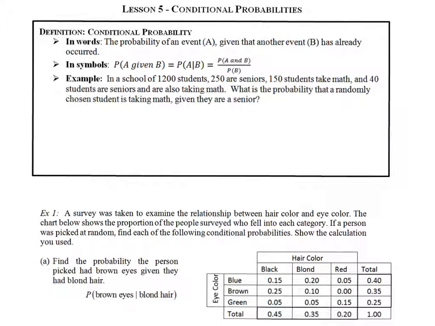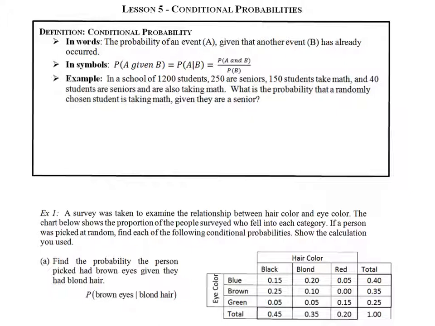Now our formula for that is going to be, let's find the probability of both events occurring, so the probability of A and B, and then let's divide it by the probability of just B occurring. So again, we're saying that B has already occurred, and then what's the probability of both of them occurring in the numerator?